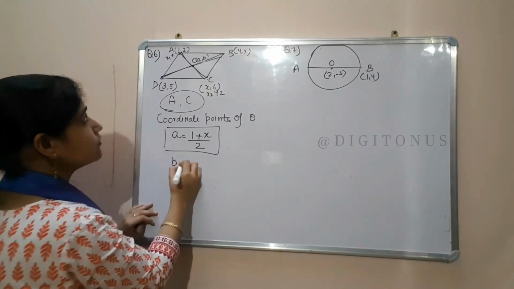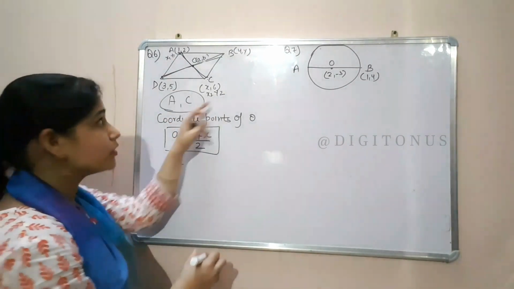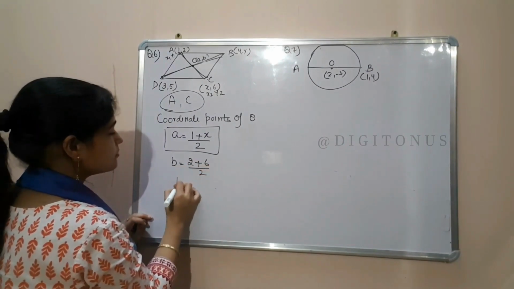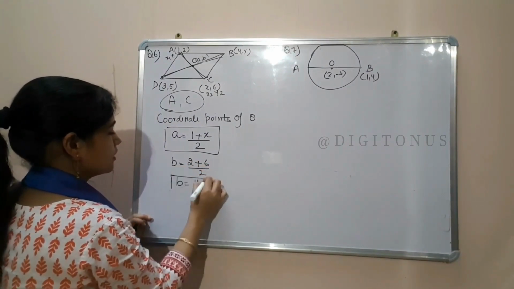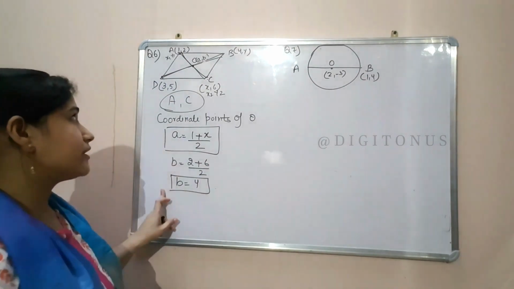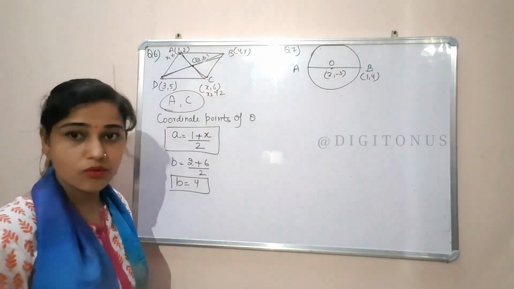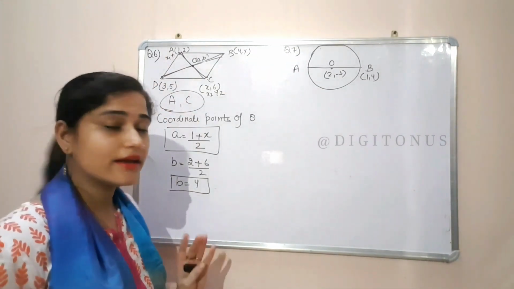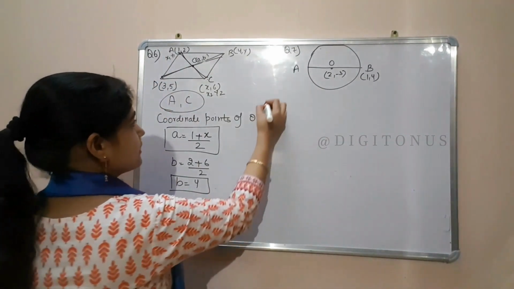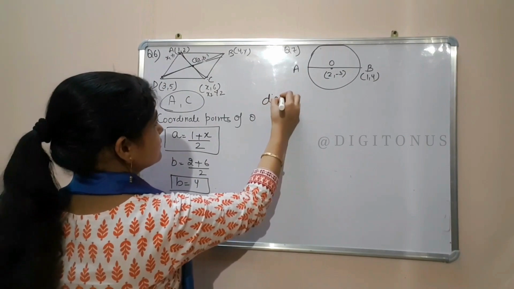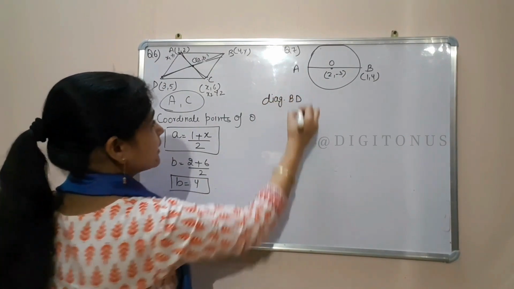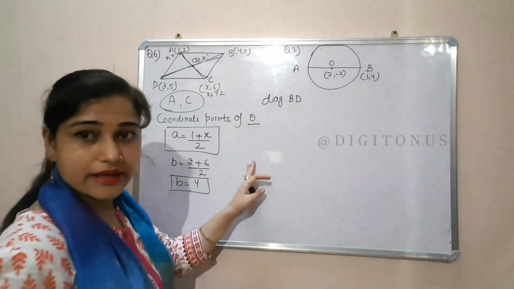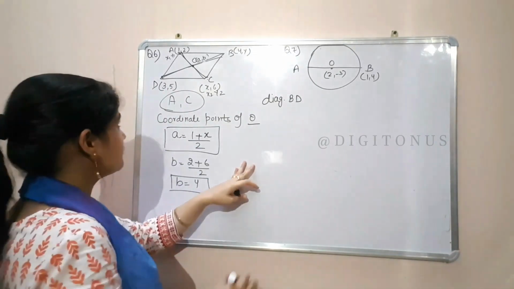And B value will be y1 plus y2 upon 2, which means 2 plus 6 upon 2. It means B value is 4. These are the coordinate points of point O when we have taken diagonal AC. Now we will take diagonal BD, and again find the coordinate points of O by applying the midpoint formula.